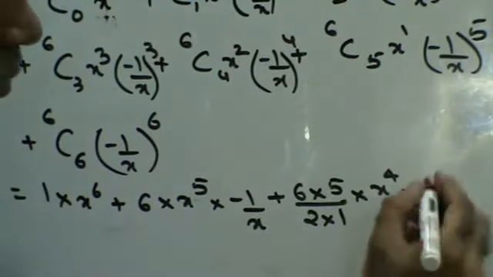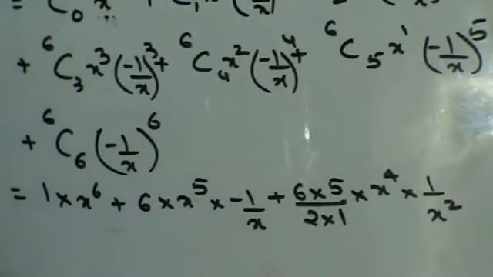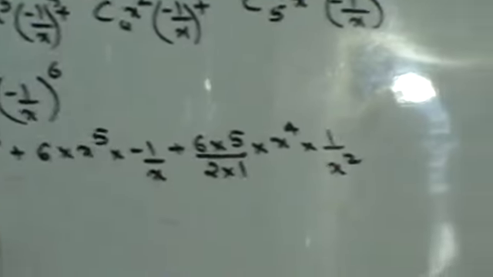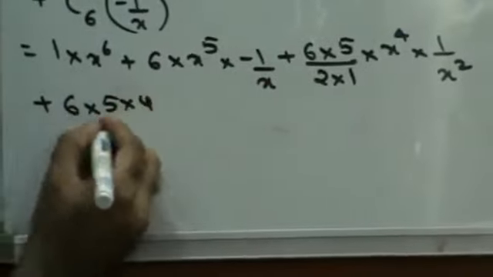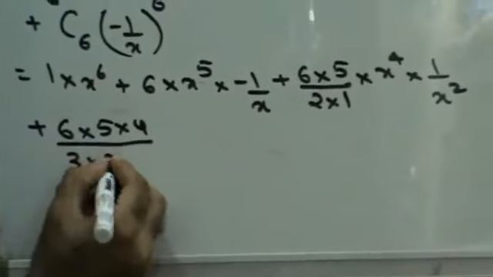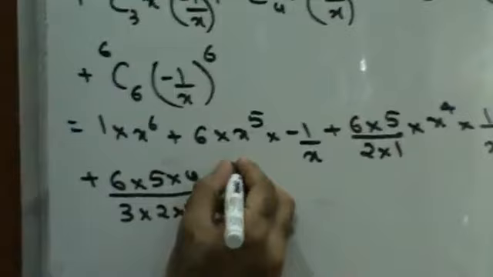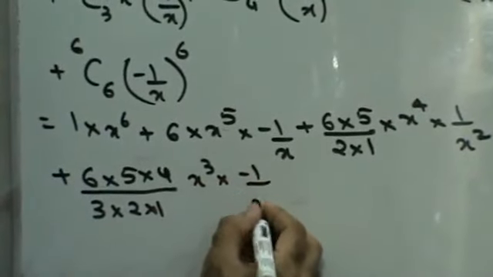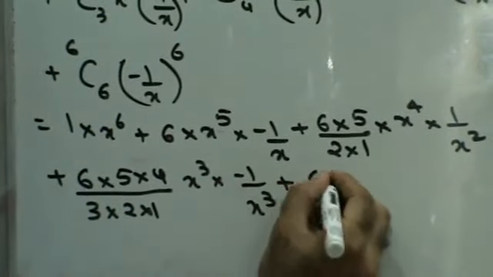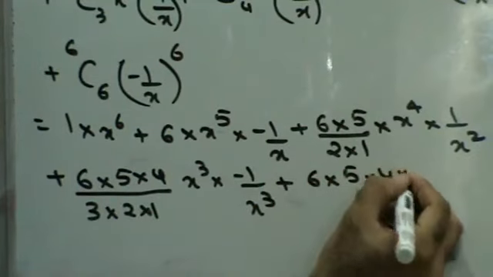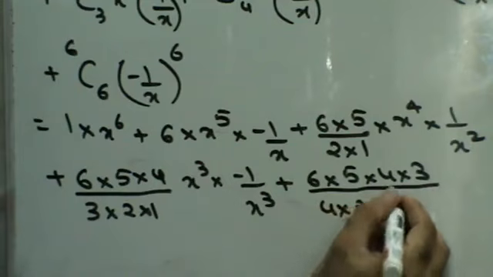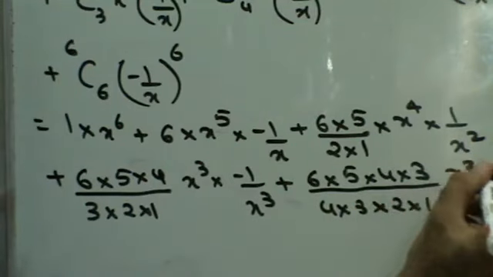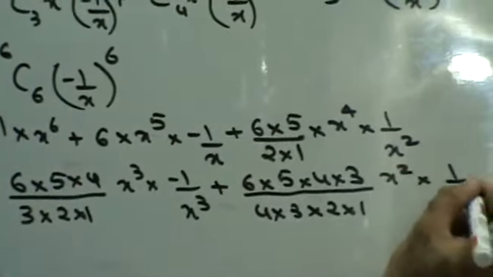Minus square will give you positive 1 upon x square plus 6 into 5 into 4 upon 3 into 2 into 1 x cube into minus 1 upon x cube plus 6 into 5 into 4 into 3 upon 4 into 3 into 2 into 1 x square into 1 upon x raised to 4.